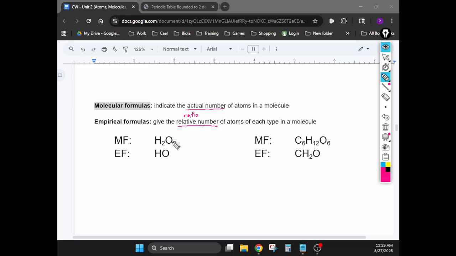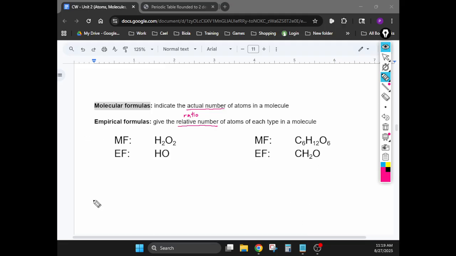Going back to hydrogen peroxide, there are 2 hydrogens and 2 oxygens, but the ratio is 1 to 1, so the empirical formula will just be HO. Another example is glucose, C6H12O6. There are 6 carbons, 12 hydrogens, 6 oxygens, but the ratio is 1 to 2 to 1, so it's CH2O.